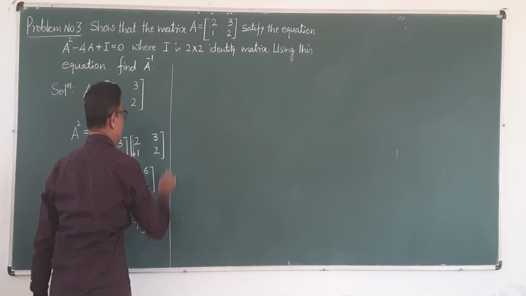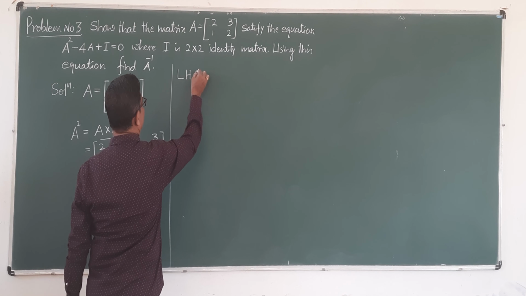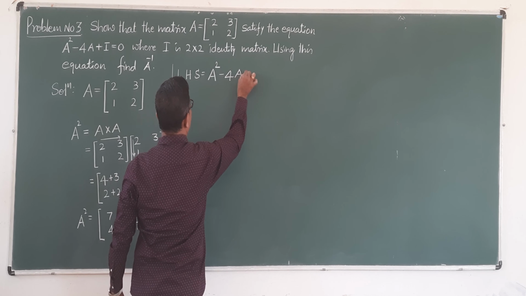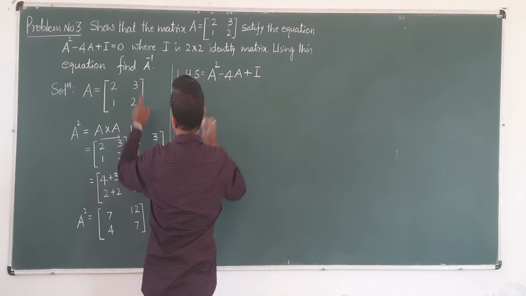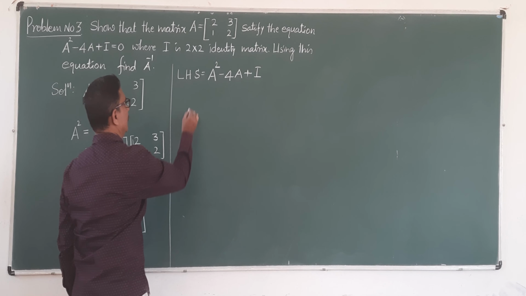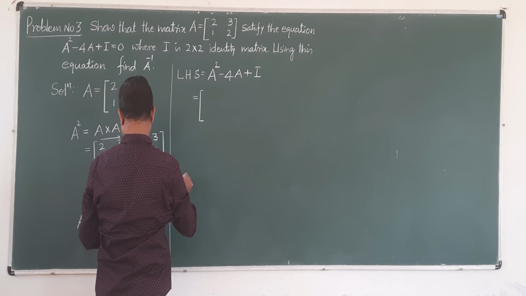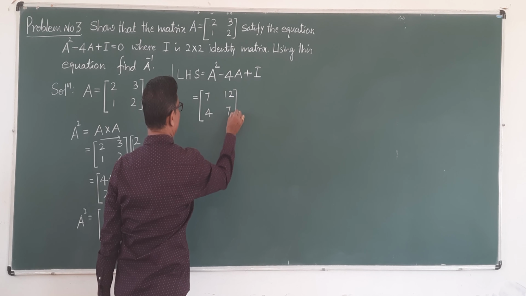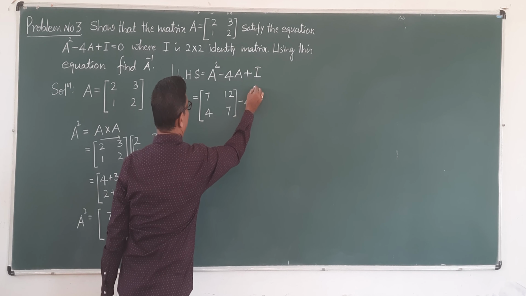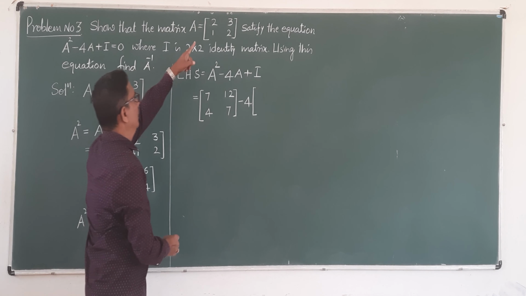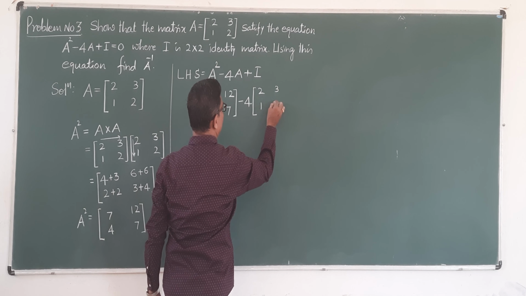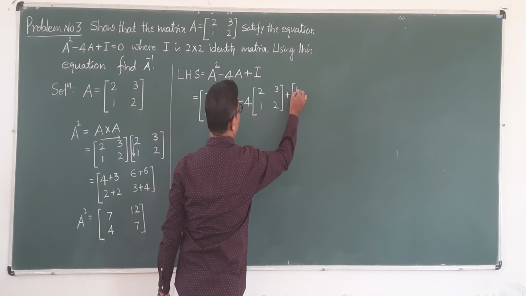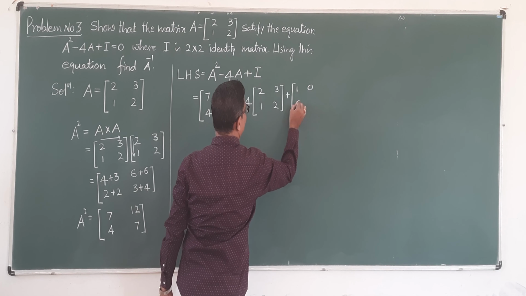Now take the LHS: A square minus 4A plus I, and the RHS is the zero matrix, denoted by 0. Substituting the values, A square is 7, 12, 4, 7, minus 4 times the A matrix, given as first row 2, 3, second row 1, 2, plus I, the identity matrix of order 2 cross 2, namely 1, 0, 0, 1.